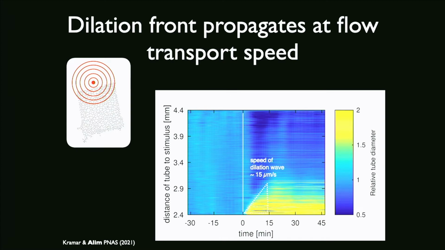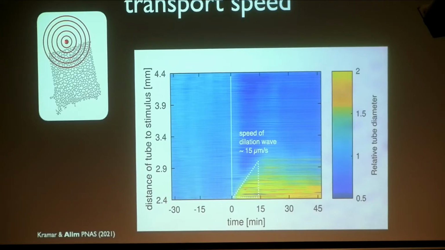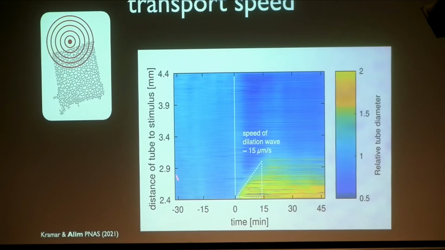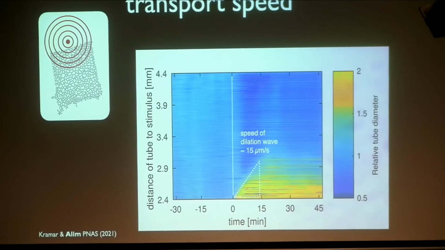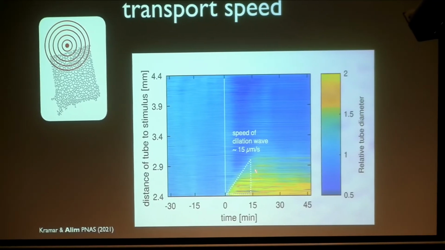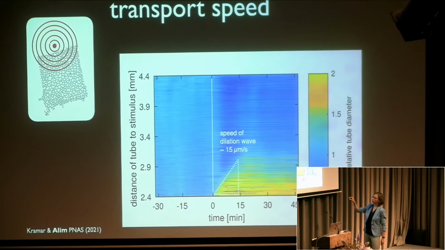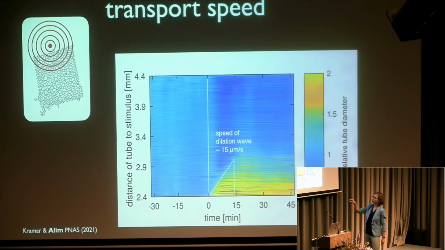And so now we're looking at the tube diameter, and we're ordering all these tube segments throughout the network from close to the food to further away. And we're normalizing it by the diameter that it had before, at the white line where we put down the food stimulus. And then we see that there is a wave of dilation traveling in from the food source into the network. And it also goes hand in hand with the rest of the network shrinking.